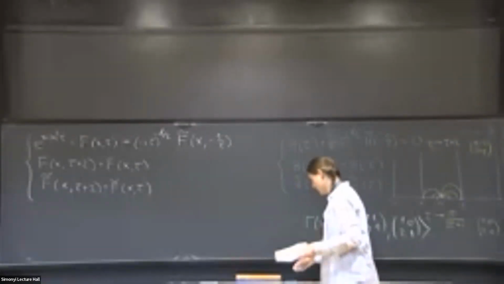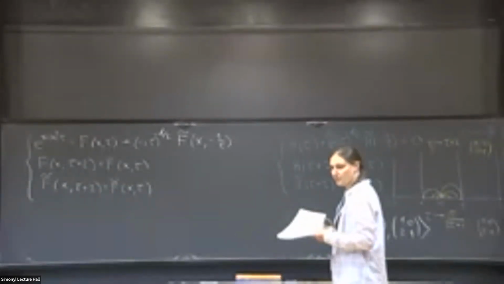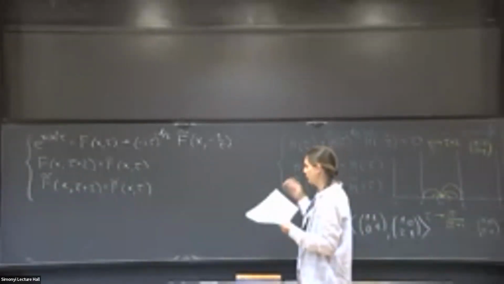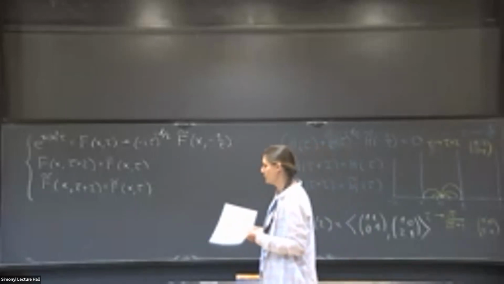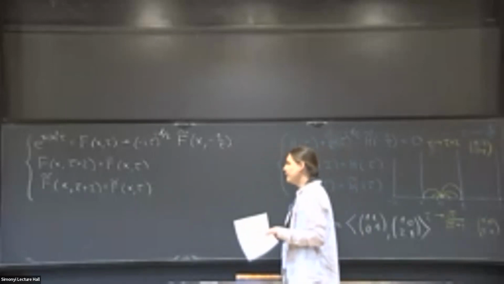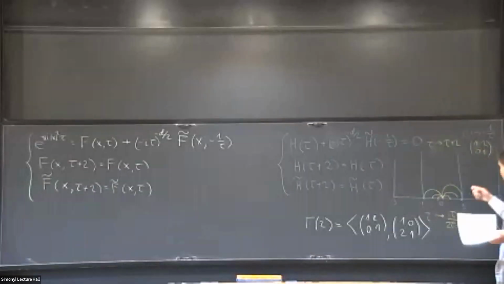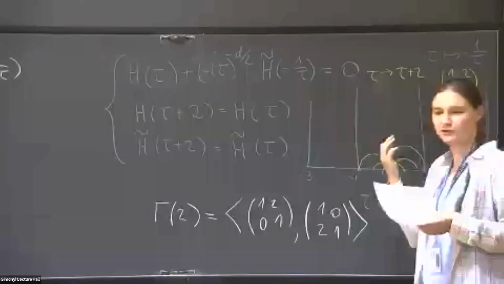And so on one hand this seems like a nice story, everything works. Now we could actually write down the solution after some finite amount of computation. On the other hand, seeing this discrete subgroup in the background is something rather special.